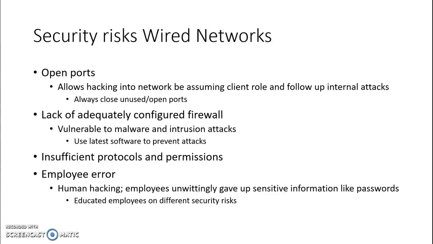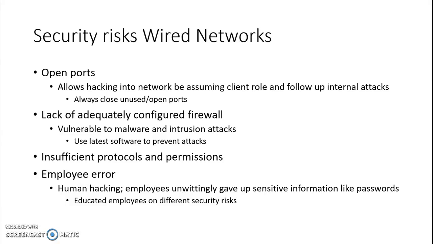There are security risks involved with wired networks, such as open ports, lack of adequately configured firewalls, insufficient protocol and permissions, and employee error. Open ports allow hacking into the network to be assumed by a client role and can be followed up by internal attacks.